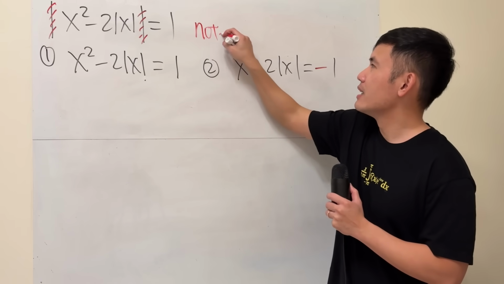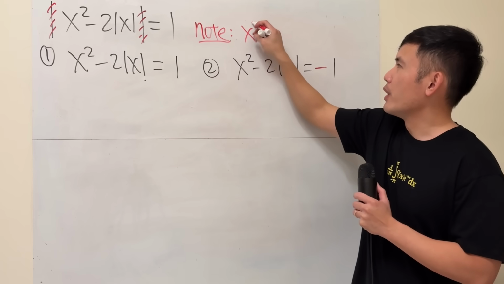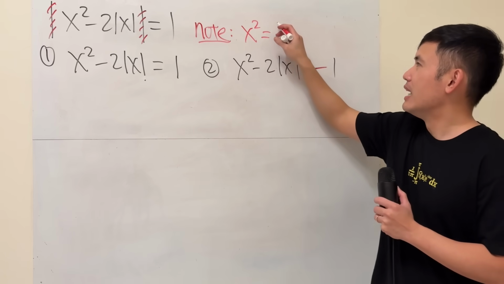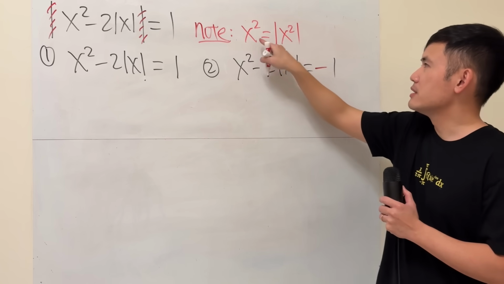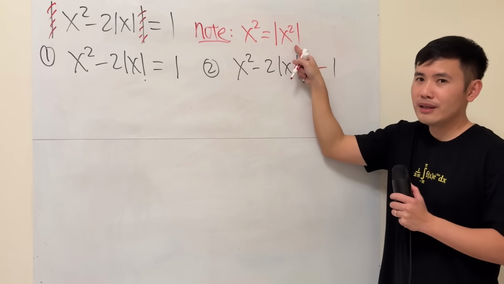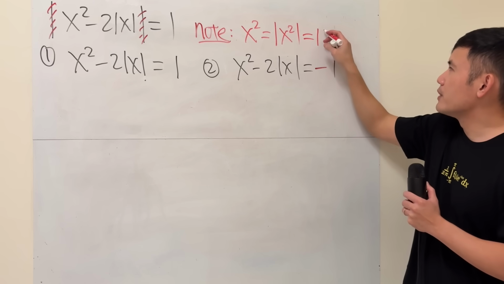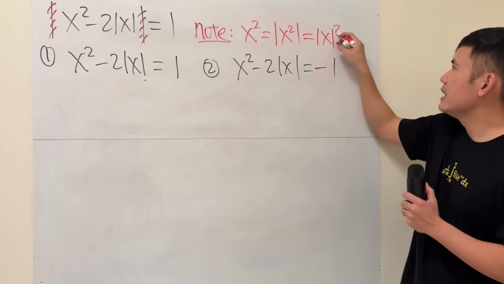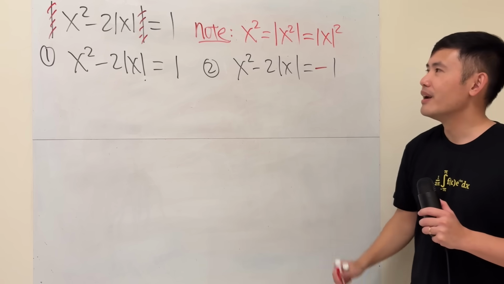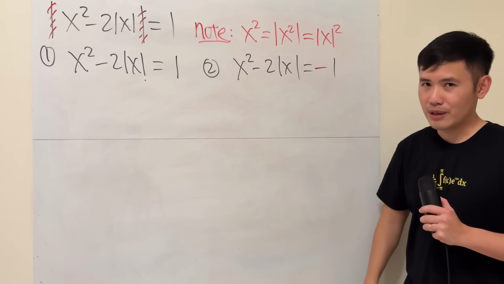Note, x squared, in fact, is the same as absolute value of x squared because this is never negative. And in fact, I can put the absolute value inside. Check this out. Absolute value of x like this and then square. They are all the same.